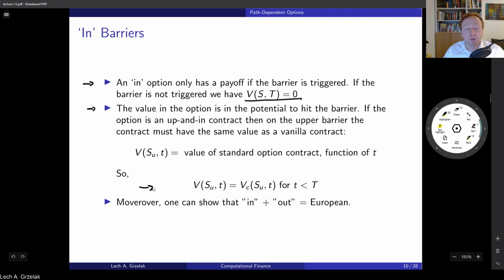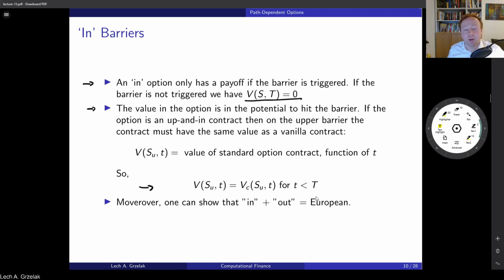Also something to keep in mind: if we have in and out barrier options, so we have one barrier and two different variants, either in or out, and if we add them together, then we have a European type of payoff. It is equivalent to the value of a European payoff. If we have one barrier, in and out, and we put them together, the price should be equivalent to the European option.